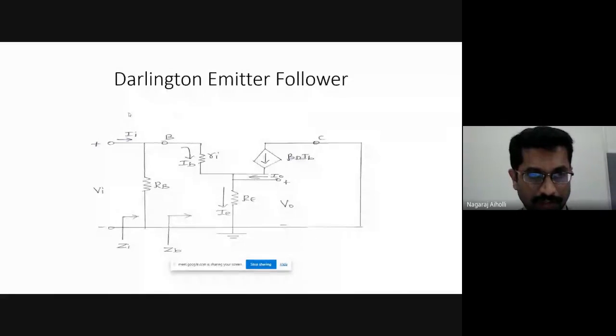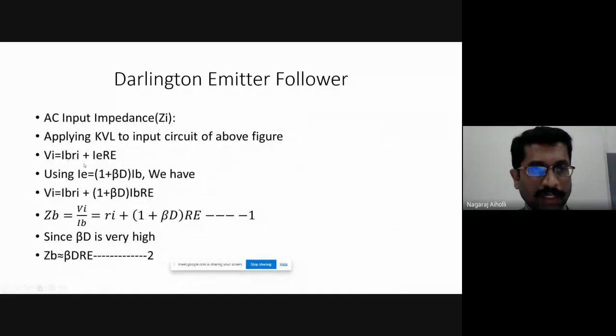The input voltage Vi is in parallel, so according to KVL, Vi is equal to Ib into Ri plus I into Re.